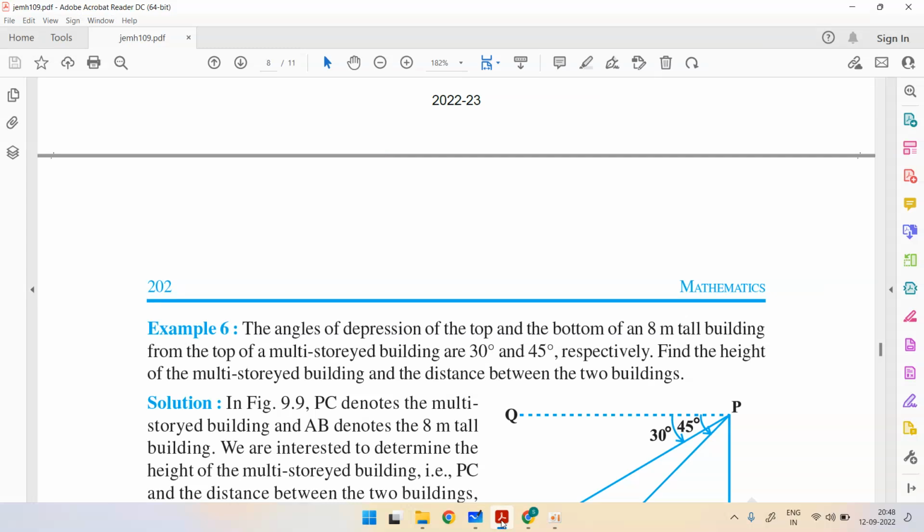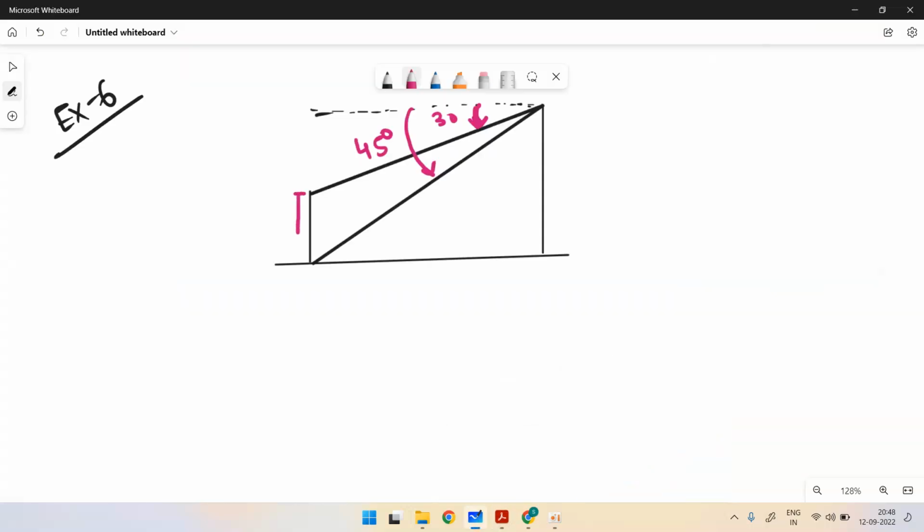And the height of the smaller building is 8 meters. Now, if you clearly see, since this is 30 degree and this is connected to this, this angle will also be 30 degree. And since this angle is 45 degree, this angle will also be 45 degree. And this is my 90 degree, and this is my ground. Now what you need to find is the height of the building.